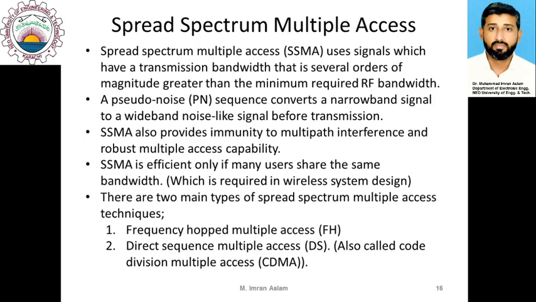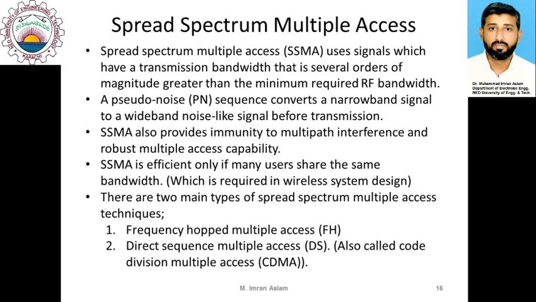There are two main types of spread spectrum multiple access techniques. The first is frequency hopped multiple access, generally written as FHMA, and the second is direct sequence multiple access, sometimes abbreviated as DS.